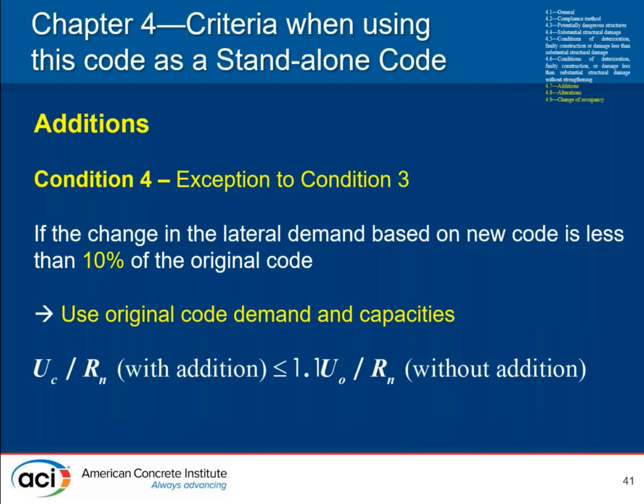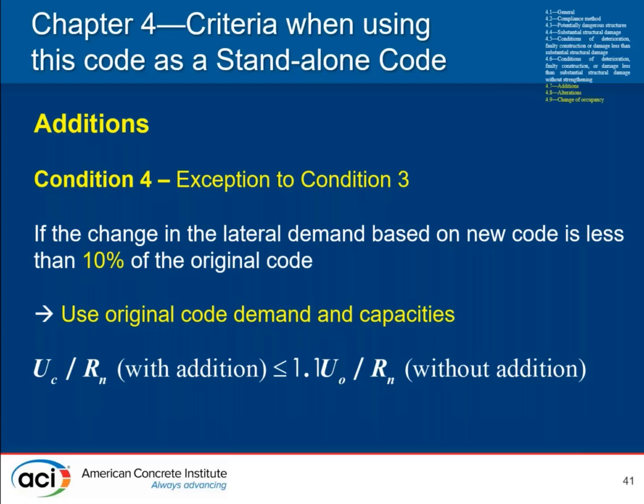And there's an exception there. The exception is that if the condition in the lateral demand based on the new code is less than 10% greater than that of the original code, then you can use the original code demand and capacities.